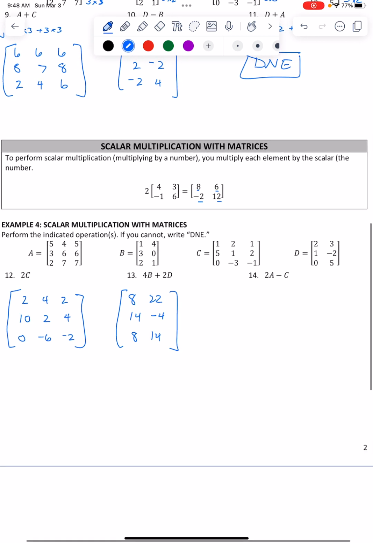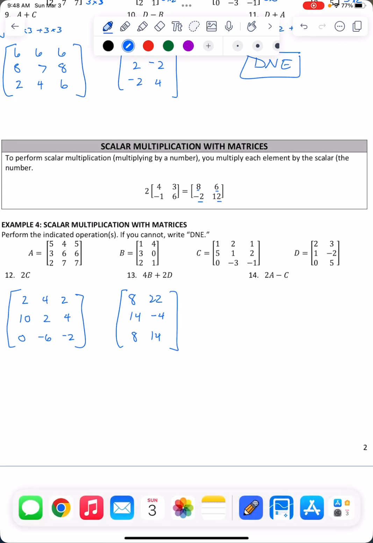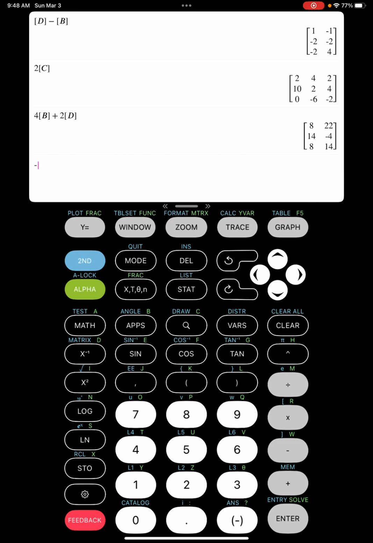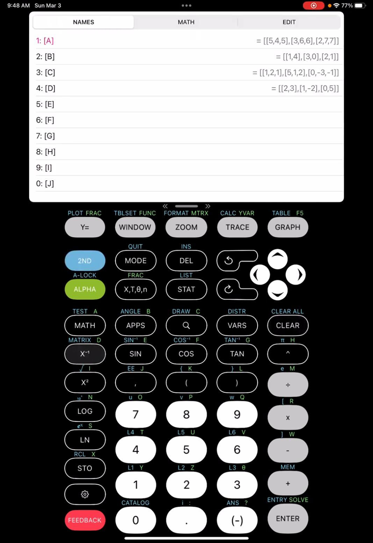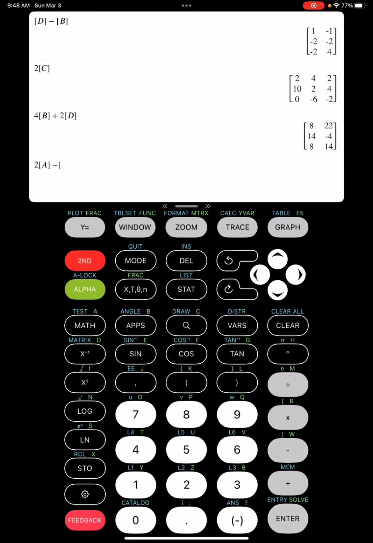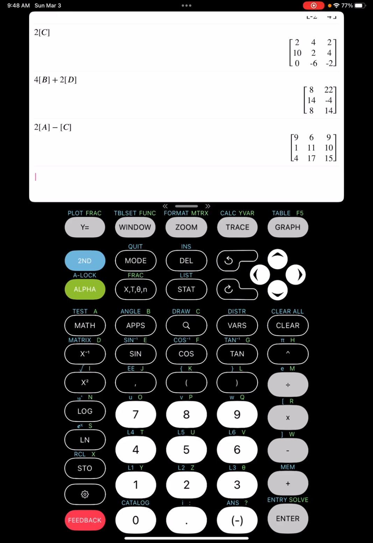And then last one, we can go 2A minus C. So 2, second matrix A minus second matrix C. Boom. There we go. 9, 6, 9.